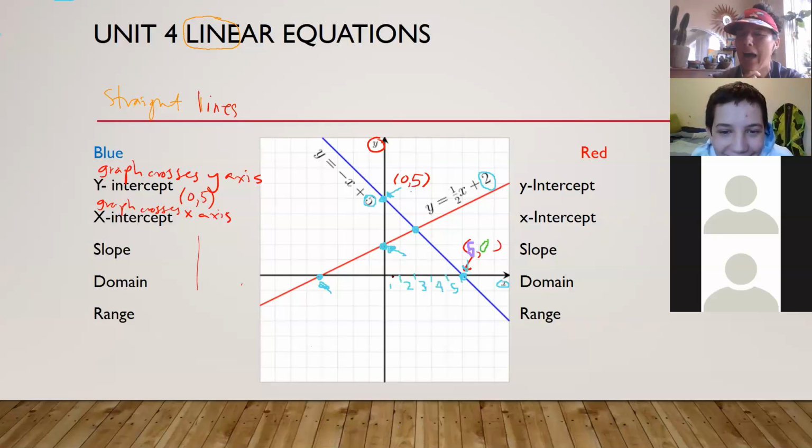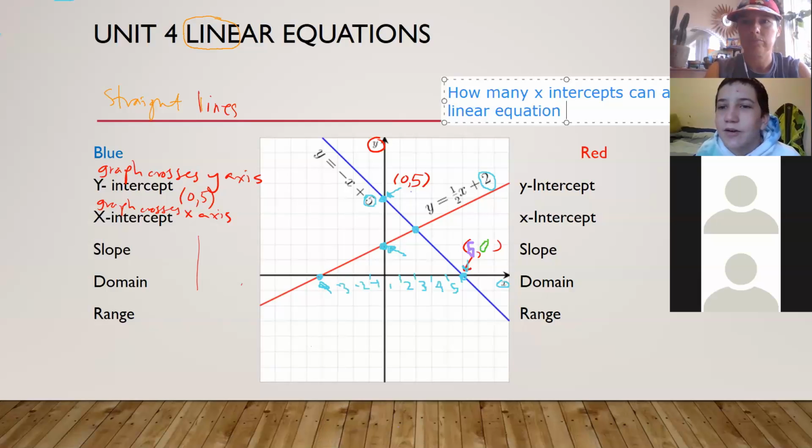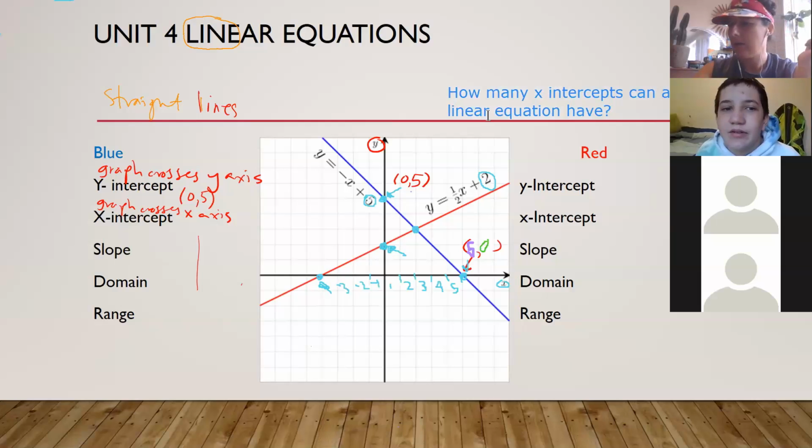Question. How many x-intercepts can a linear equation have? Two. Okay, on your own paper, I want you to draw a linear equation that has 2 x-intercepts.